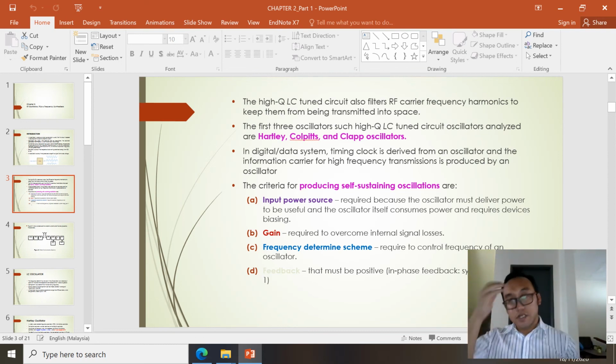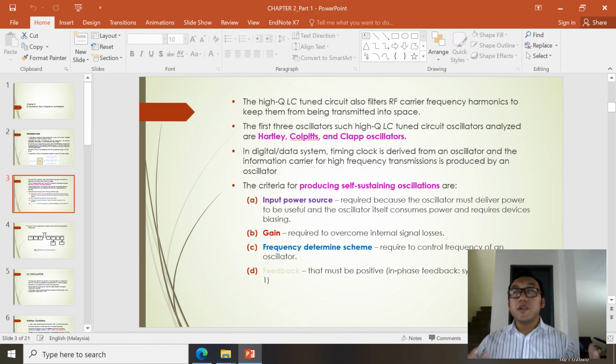During the transmission, there are a lot of losses: losses because of the components, because of the heat, because of the weather, because of everything. So we need to create a very big, very strong carrier. And to create a very strong carrier, we need a very good oscillator.